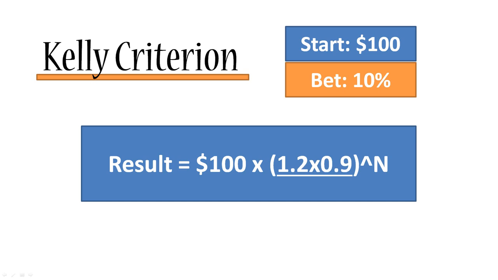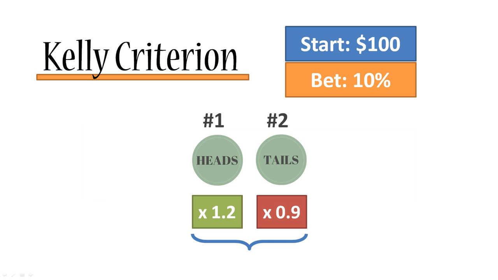Nothing will change significantly except for our actual account balance that this result is being applied to. Therefore, we just have to look at what will happen on 1 heads and 1 tails.